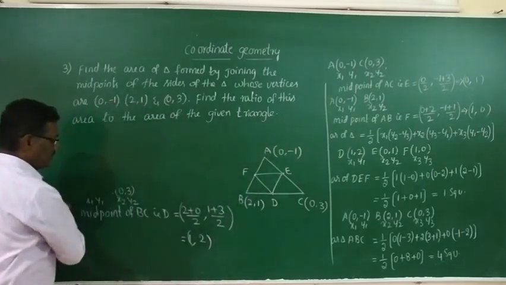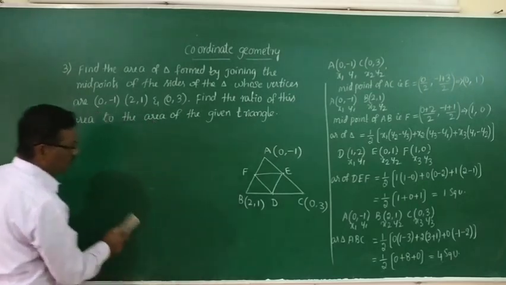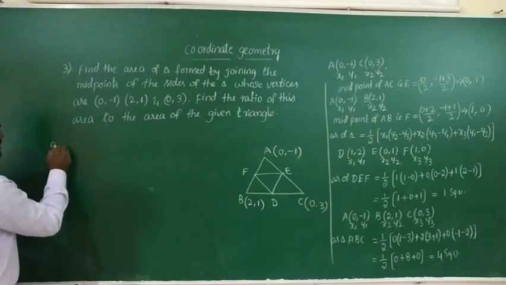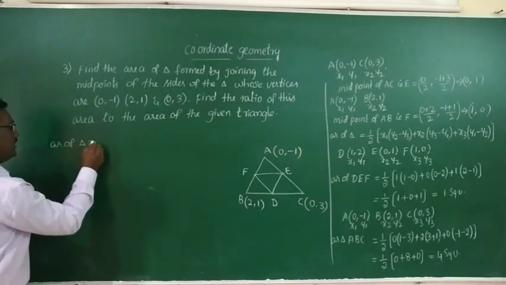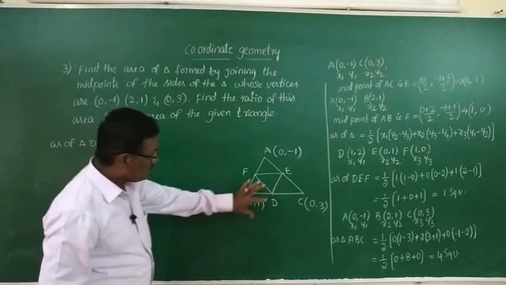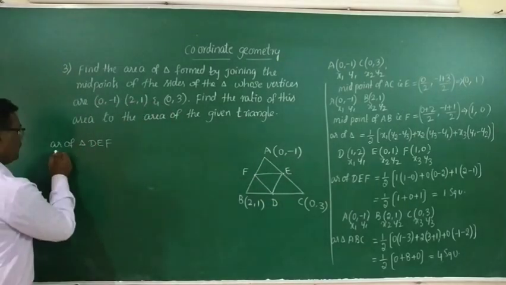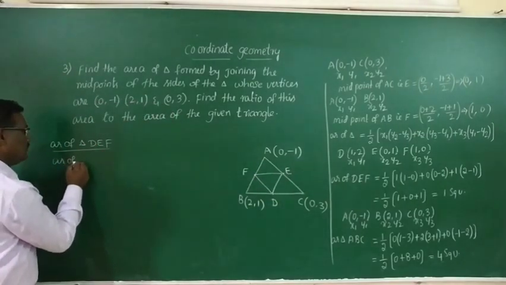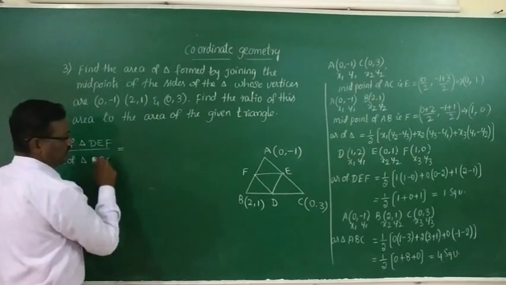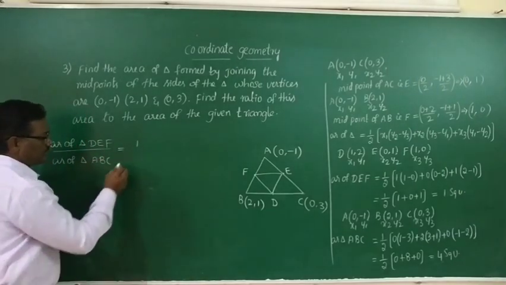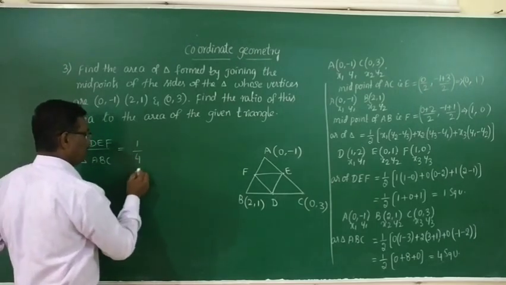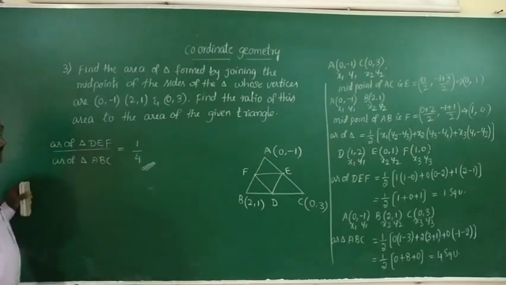Now we have to find the ratio between these two areas. The area of triangle DEF, formed by joining the midpoints, is 1 square unit, and the area of the given triangle ABC is 4 square units. Therefore the ratio is 1 by 4. So this is the required answer.